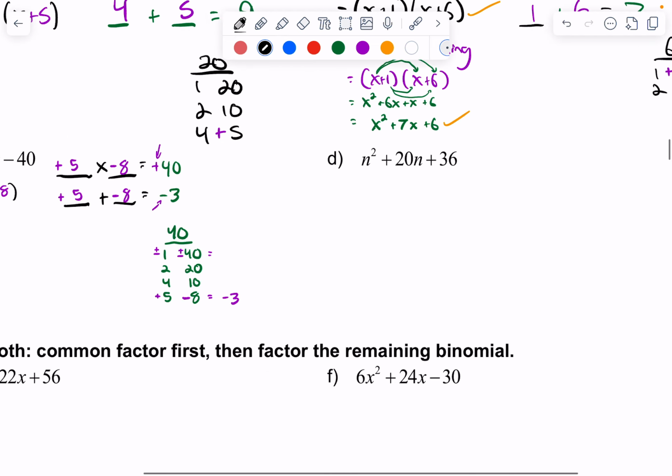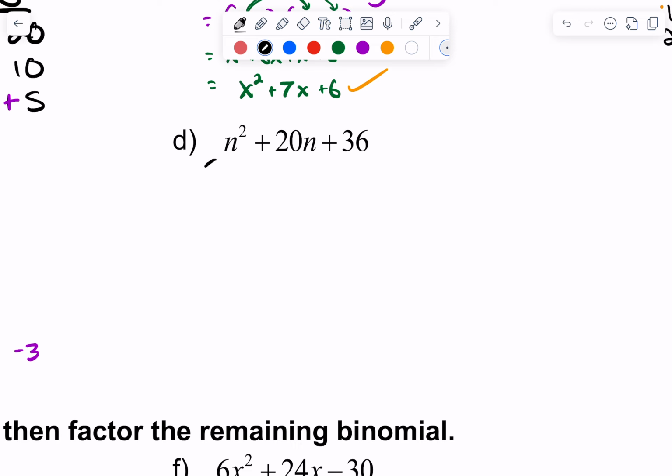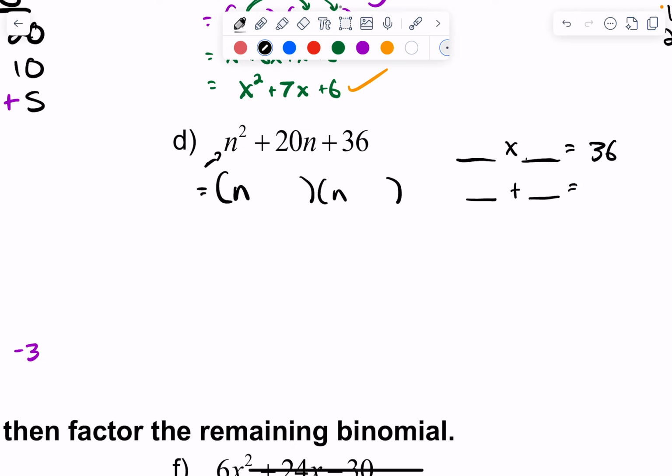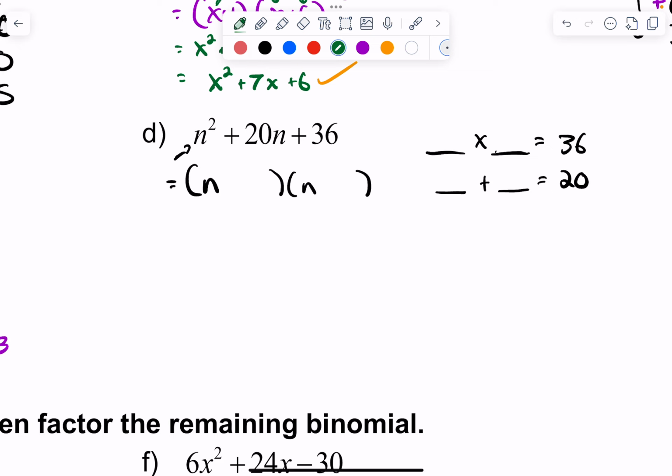All right, next one. Well, this time we're not dealing with x's, we're dealing with n's. So we know that it'll just be n here, and then the process is the same otherwise. Find two numbers that when multiplied give you the last term, so 36 in this case. And those same two numbers when added would have to give you 20. So go through your multiples of 36.